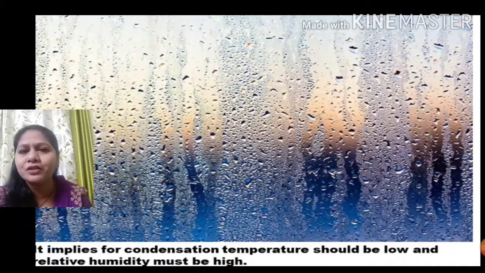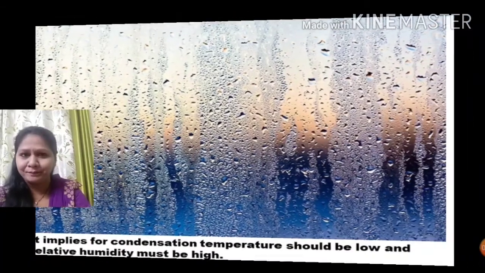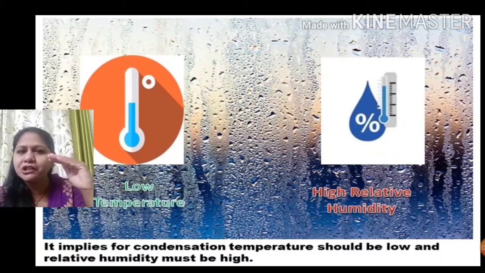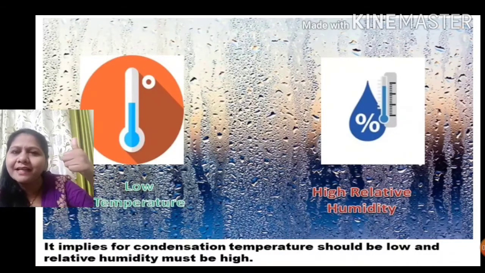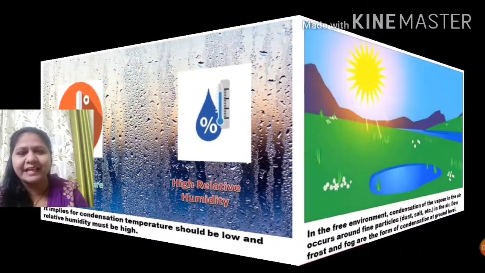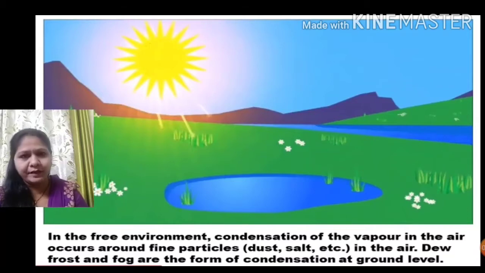Okay, for condensation, temperature should be low and RH should be high. You can see here one more image related to that. Temperature should be low, and what should be up? It should be RH, that is relative humidity.